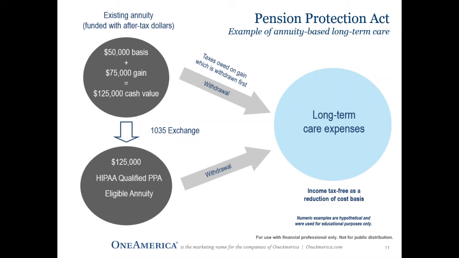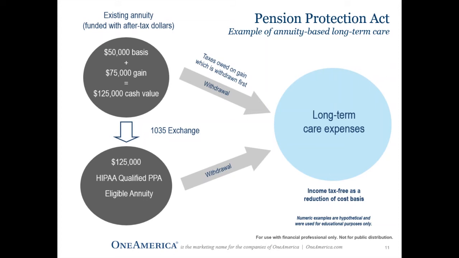Here's the advantage of the Pension Protection Act. We can 1035 exchange that existing annuity contract. It could be variable, it could be fixed, it could be an index contract. Any type of annuity can be 1035 exchanged into a OneAmerica annuity, which is endorsed with the Pension Protection Act.